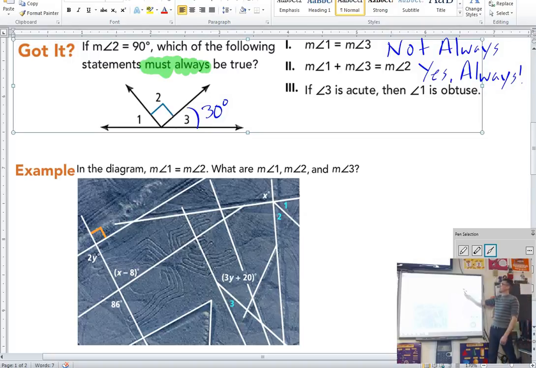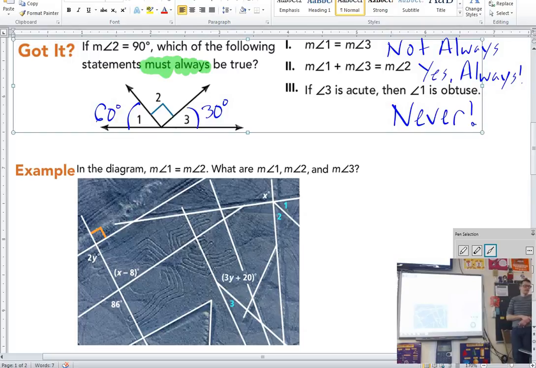So we already said that angle 1 and 3 have to add up to 90. It would have to be 150. You're thinking the total of angle 1 and 2 have to be 150, which you're right, but angle 1 here would be left as 60. Does that make it obtuse? No. This is actually going to be never. That cannot happen.